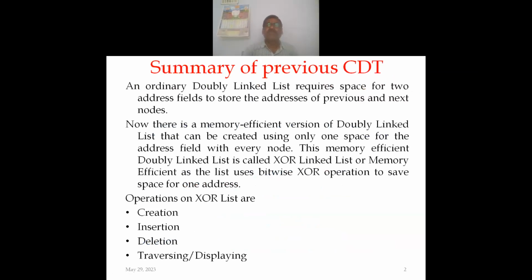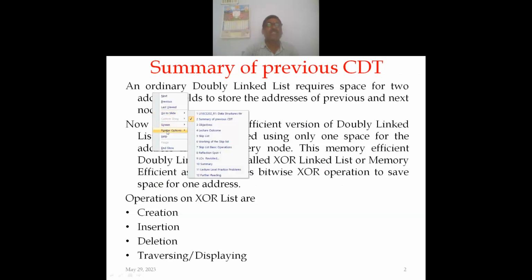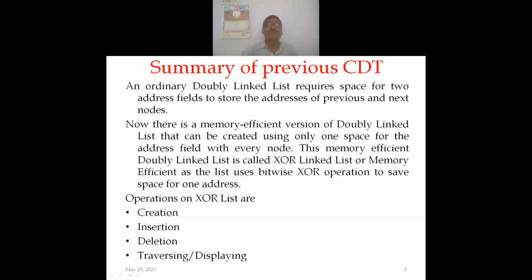So the summary of the previous classroom discussion topic is that we discussed the XOR linked list. The disadvantage with the ordinary doubly linked list is that more memory space is required for storing the two address fields, one for the previous and another for the next node address.